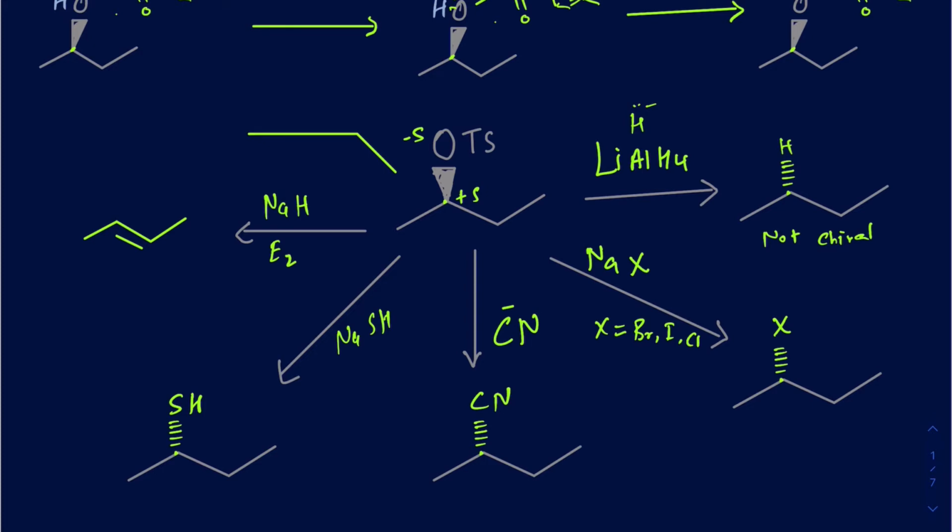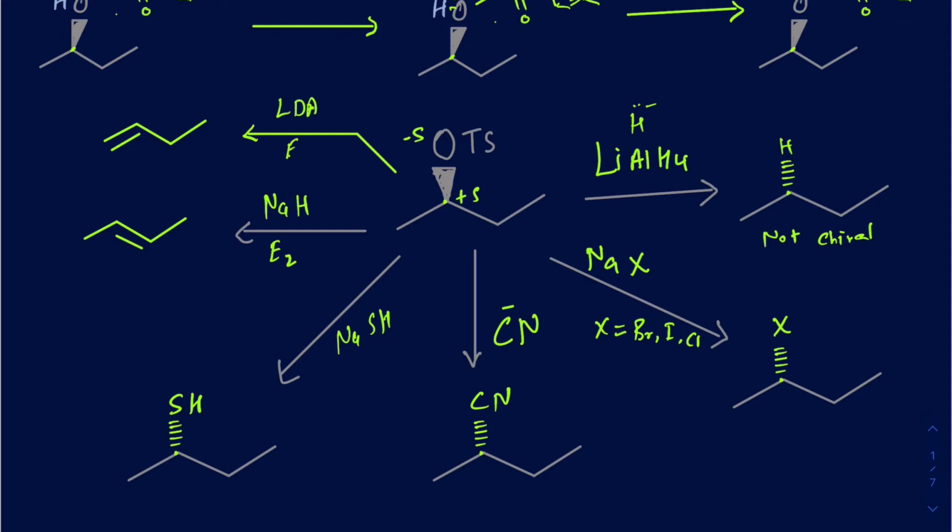The other reaction I want to talk about here, since we're talking about elimination as well: what if I use a bulky base, something like tert-butoxide or DBU? Any of those bulky bases will still be an E2 mechanism, but now we're going to be making a Hofmann product here, because the bulky base is going to remove the most readily available proton, and it's going to make the least substituted alkene.